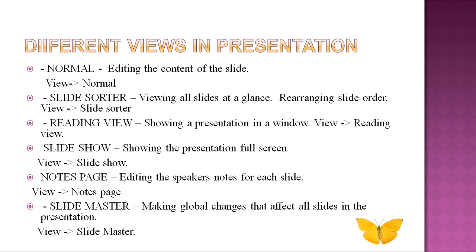Sometimes we want a bigger look at the whole slide. Sometimes we want to see the outline of text, or sometimes we need to see all the slides together. All these purposes cannot be served in one view. Therefore, to serve different requirements, PowerPoint provides different views.